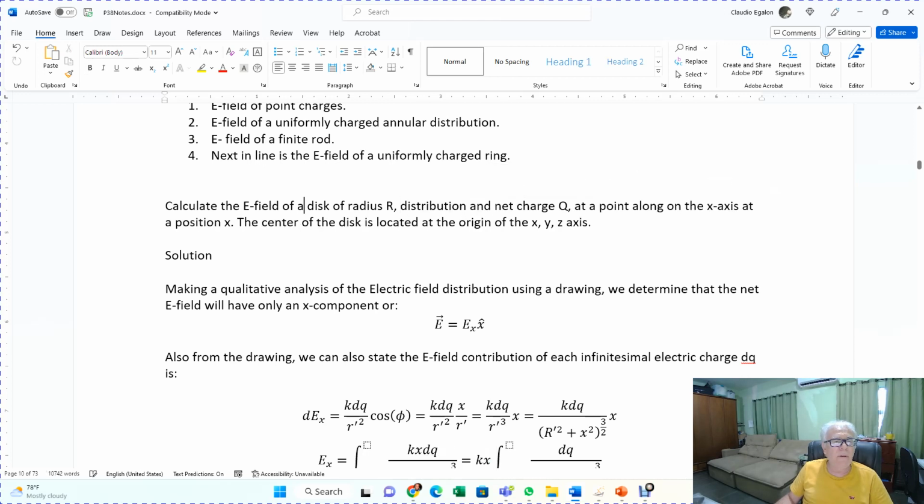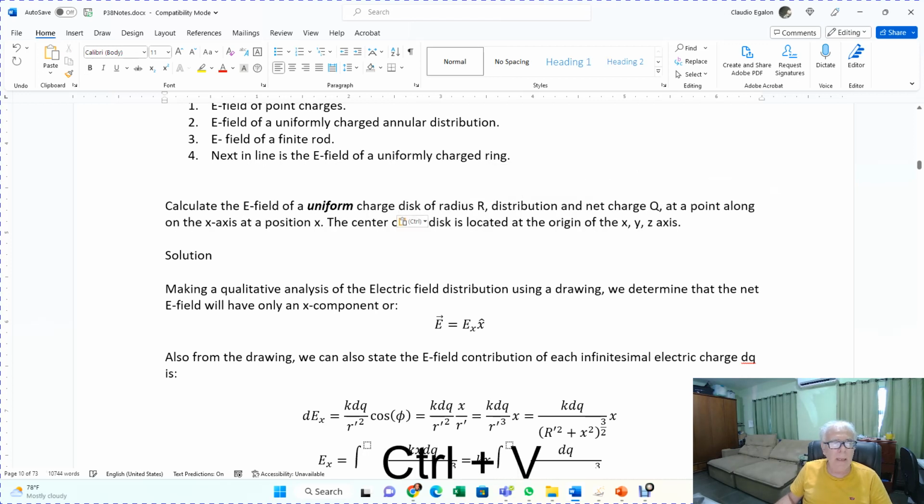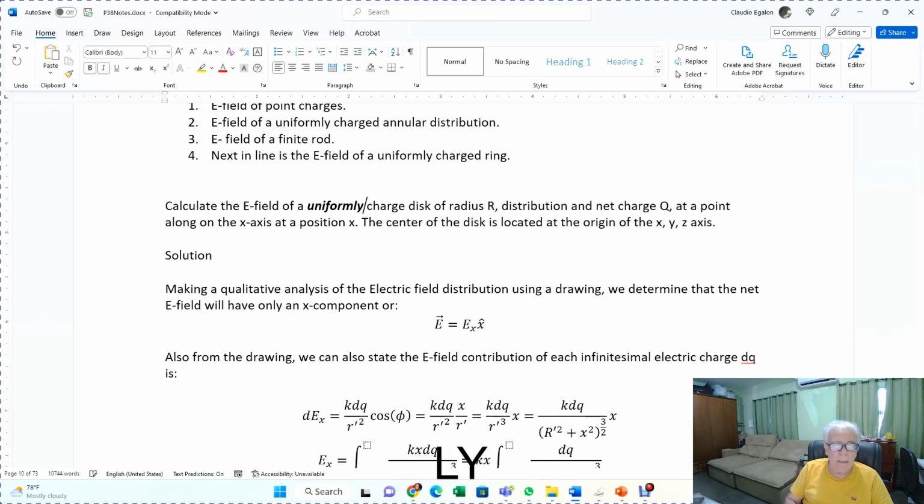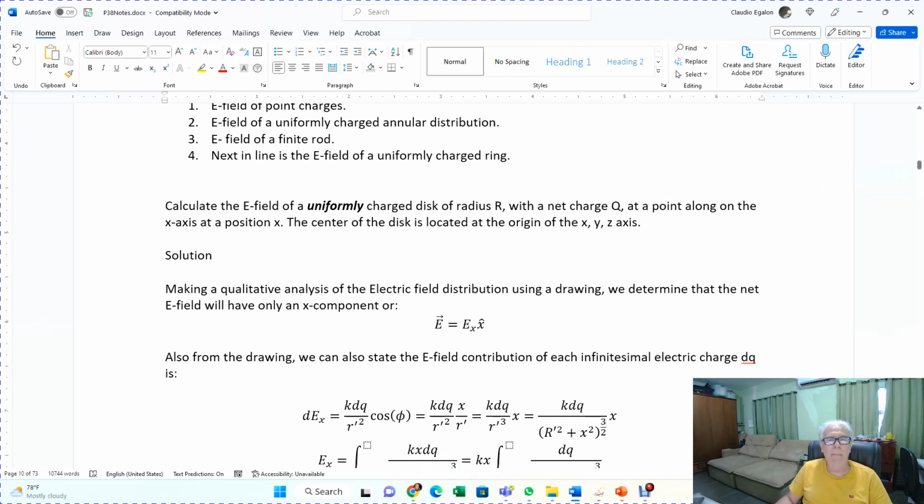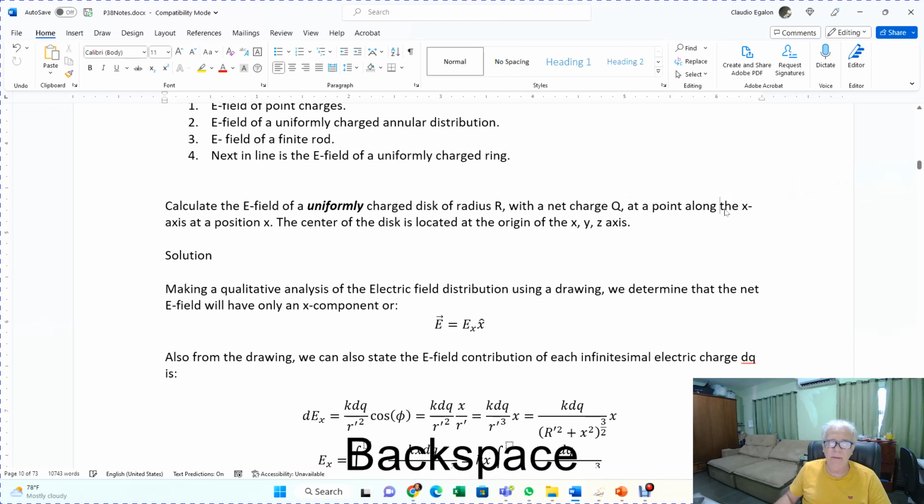The E field of a uniformly charged disk of radius r with a net charge q, at a point again along the x-axis. At a point along the axis, okay?